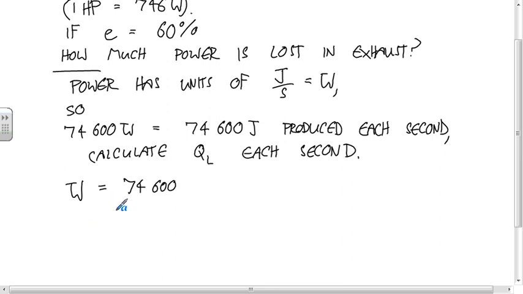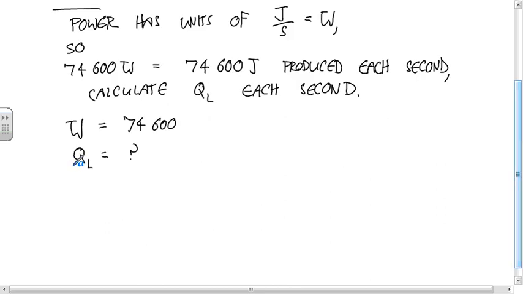And we know that QL is what we're trying to find, okay? So we want to find equations that make it easy for us to come up with a relationship between work and QL.